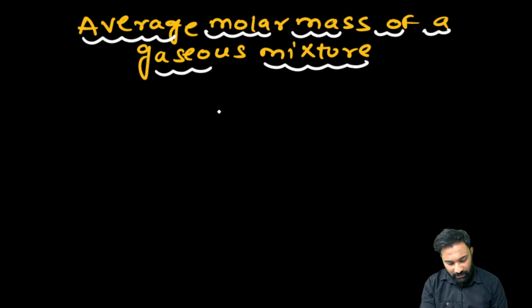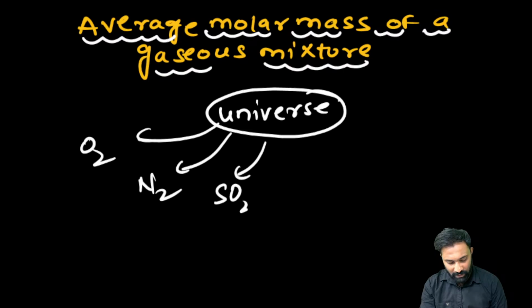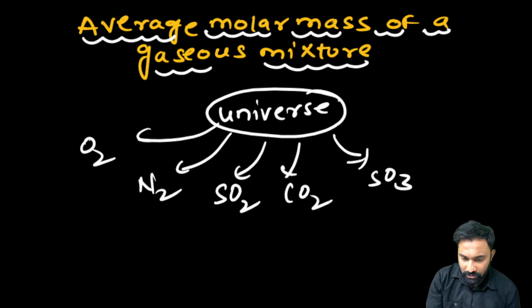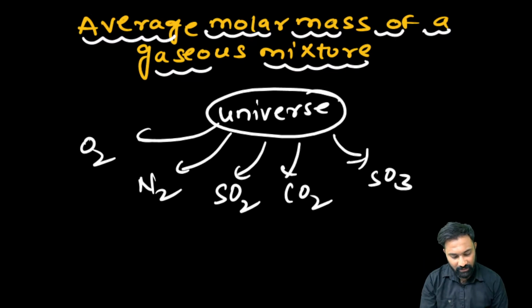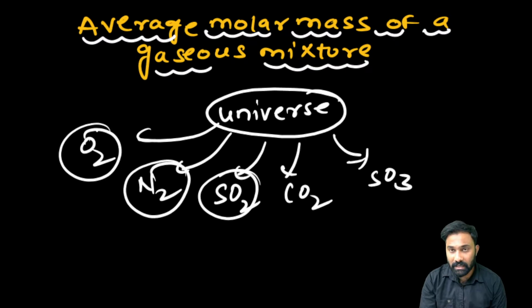Because in our universe we have plenty of gases: O2, N2, SO2, CO2, SO3. So if we have plenty of gases, in what proportion are they present, by the mole ratio or by the gaseous volume ratio?